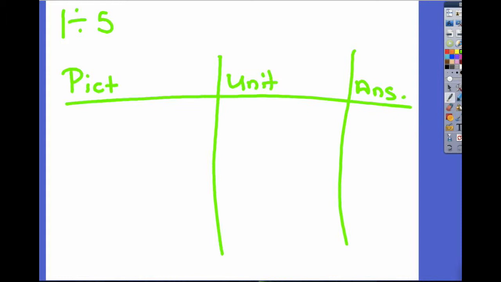What have we done in the past? Anyone have a guess? You can put 5 inside the division box and then 1 on the outside. Okay. You could do 5 inside the division box and 1 on the outside.